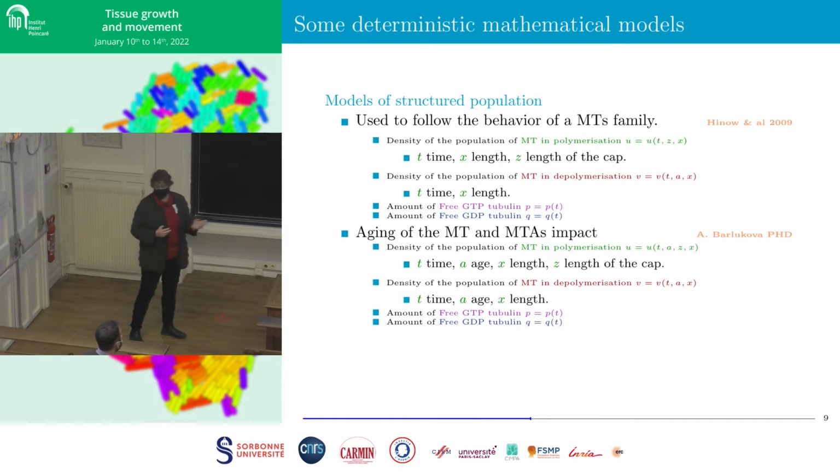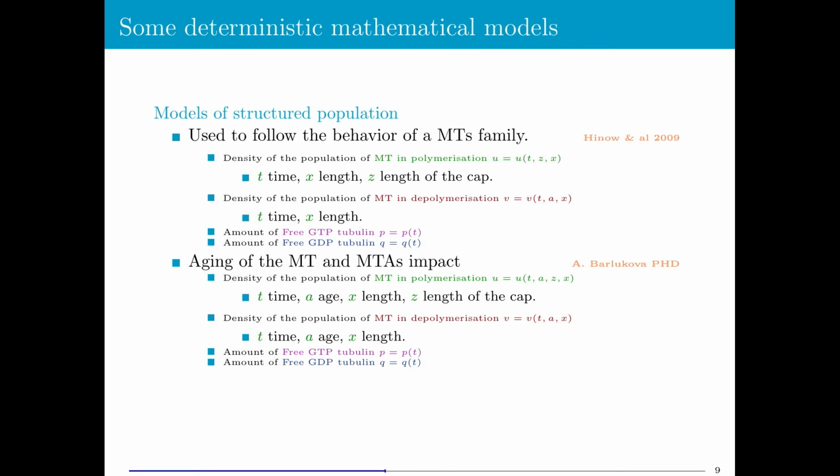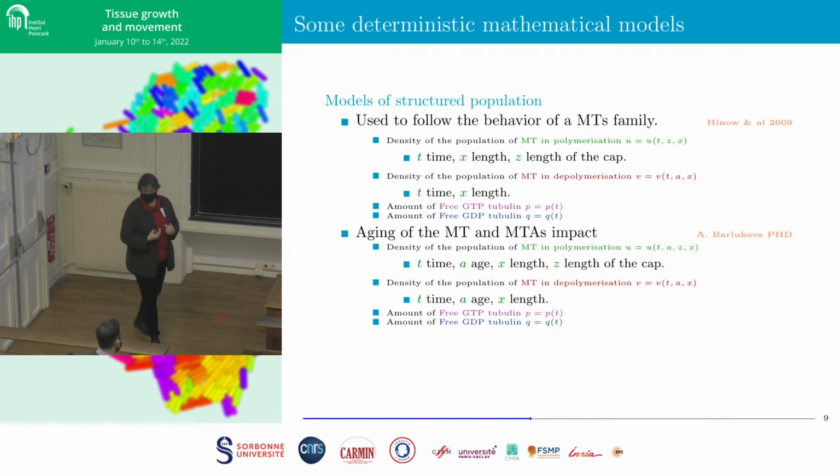Free GTP and free GDP are structured only by time. For the population of microtubule in polymerization, there are two more important traits: the size of the microtubule, but also the size of the cap. For microtubule in depolymerization, we no longer have the cap, so the population can be structured by time and the size of the microtubule. That was the proposition of Ino and al.